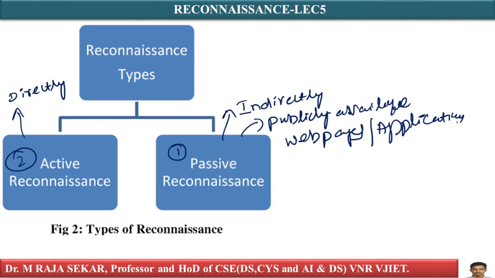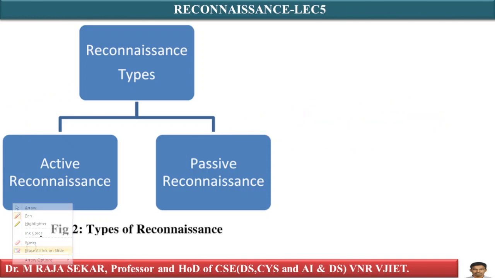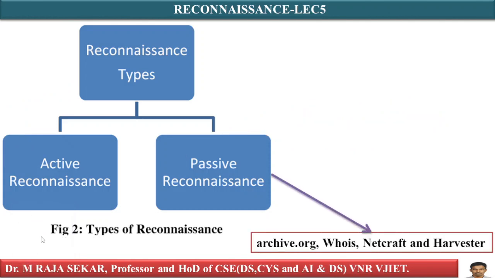In the case of passive reconnaissance, we have tools. Even in the case of active reconnaissance, we have tools. What are those tools? We will try to understand. In the case of passive reconnaissance, there are tools like archive.org, Whois, Netcraft, theHarvester tools.